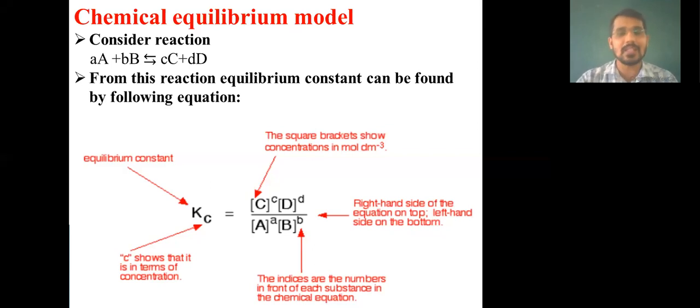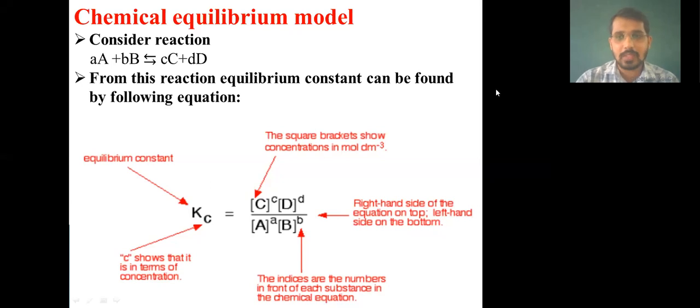For a specific feed condition, temperature and pressure, we can find the final product composition, or we can find the chemical equilibrium constant by using an equation.